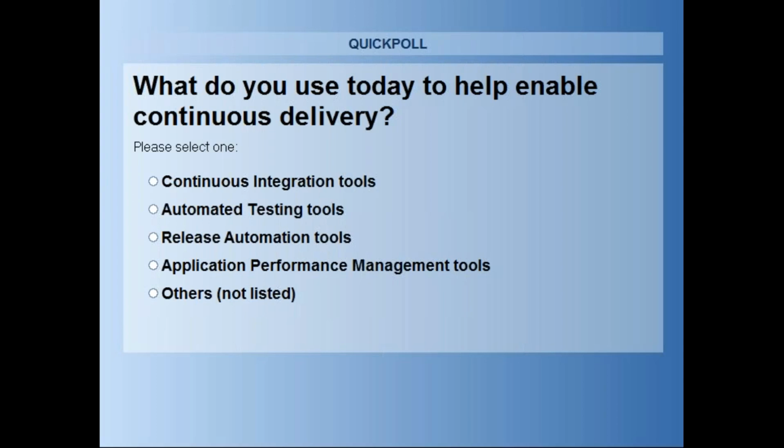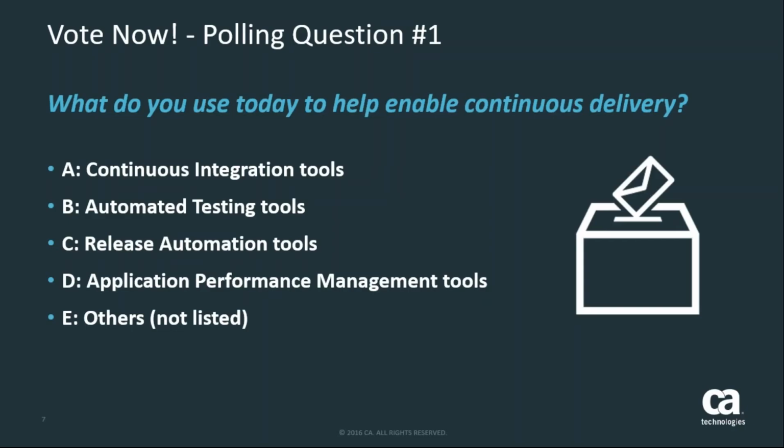I realize some of you may use more than one, but if you could answer which your primary tool is, perhaps we'll go with that. And we'll close voting down here in 5, 4, 3, 2, 1.